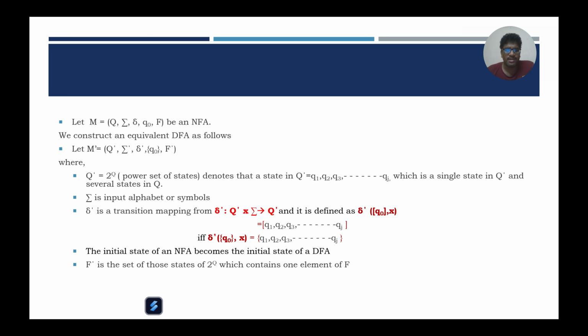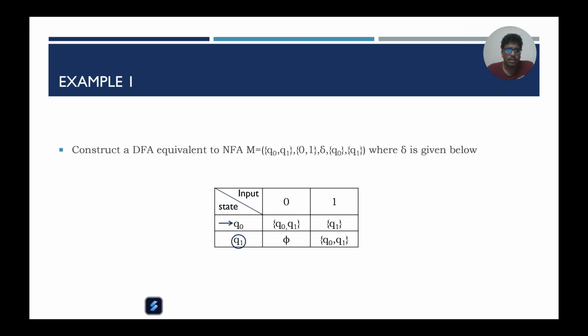Now consider one example. Let us see how it happens. Here I consider a DFA equivalent to an NFA. The machine contains the five-tuple according to the transition table. In it we have two states and two inputs.